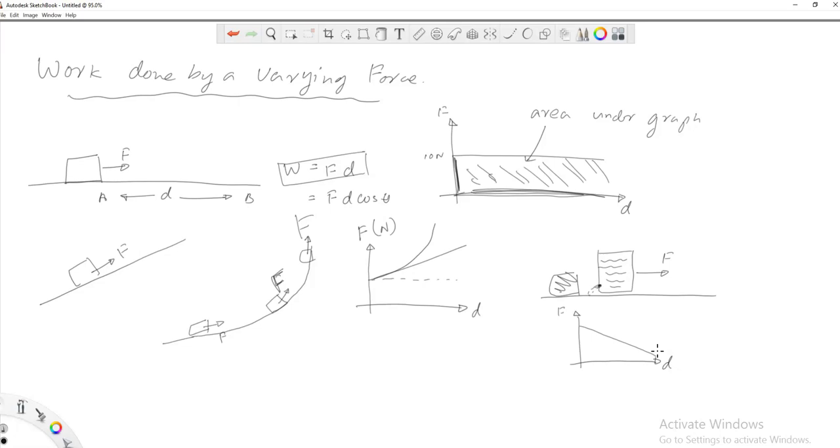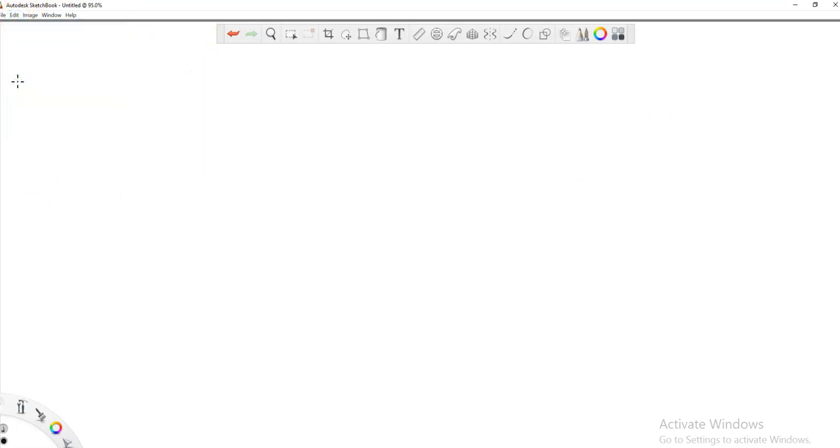Okay, so let's look at some math into varying forces. All right, so let me clear all this. A good example we can find in nature for varying forces.